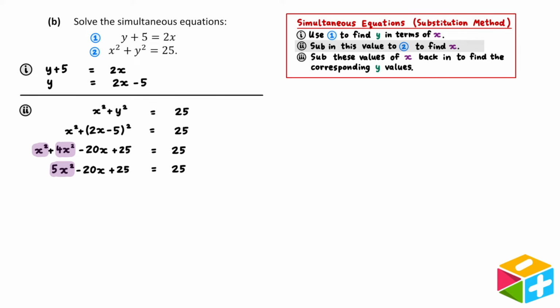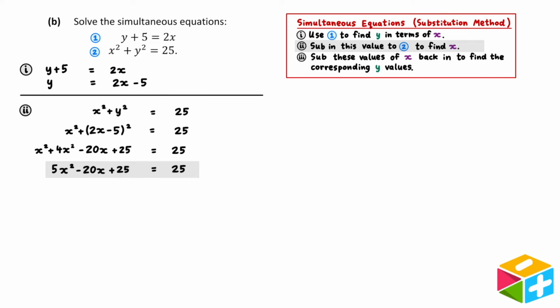These can be combined. X squared plus 4x squared is 5x squared. The resulting equation involves an x squared term. We refer to this as a quadratic equation.